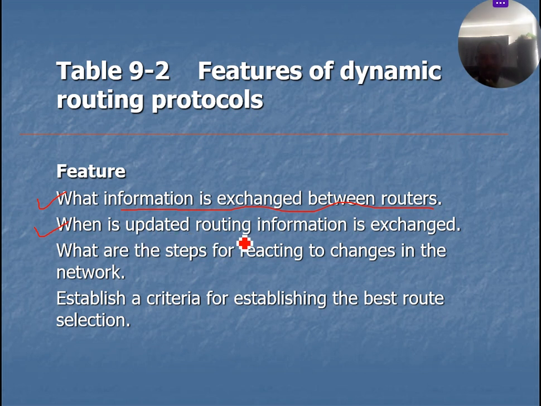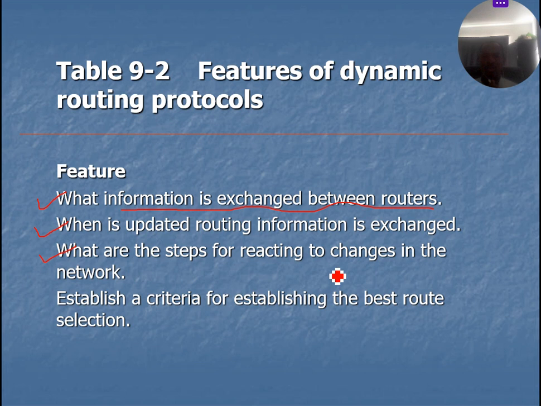When will the updated routing information be exchanged? Then another thing we need to ask before we determine what we're doing is what are the steps for reacting to changes in the network?